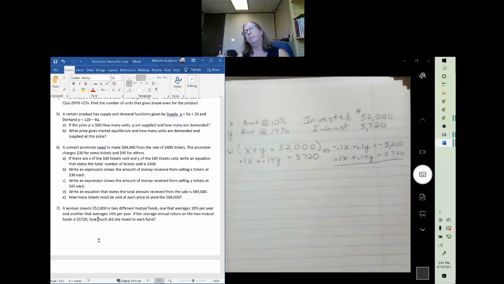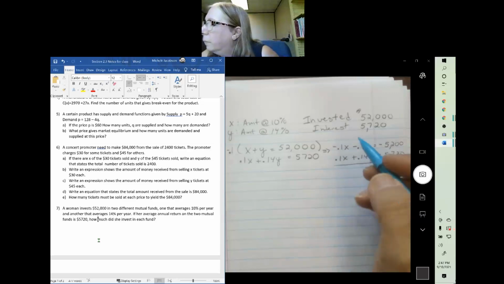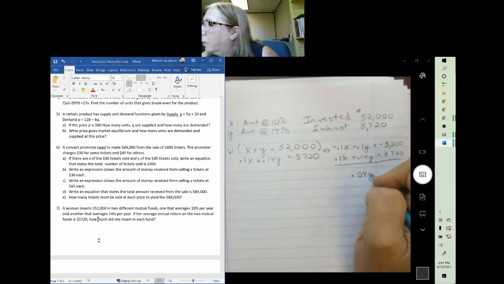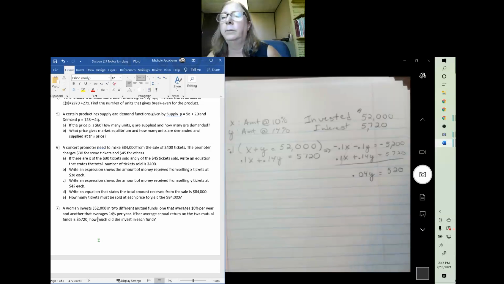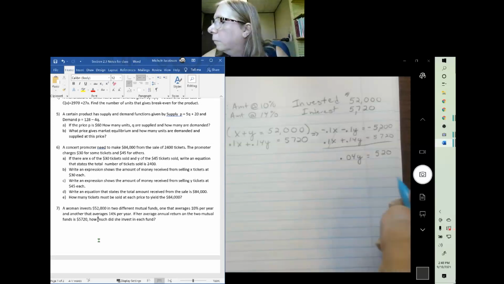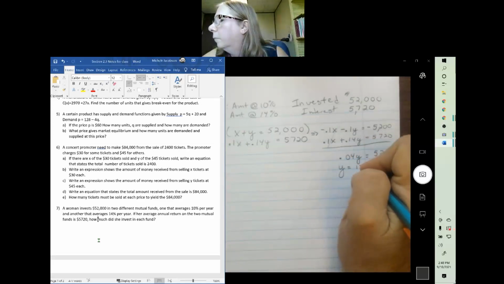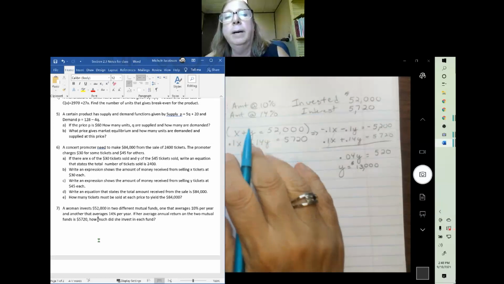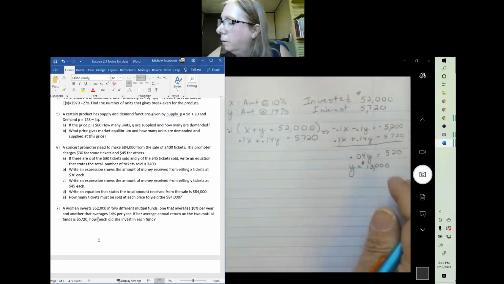Notice that the x's drop. So we have 0.04 y equals 520. So we have y is 13,000 and y was the amount at 14%.